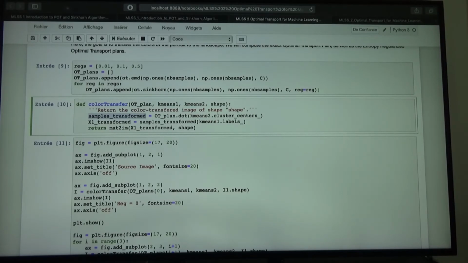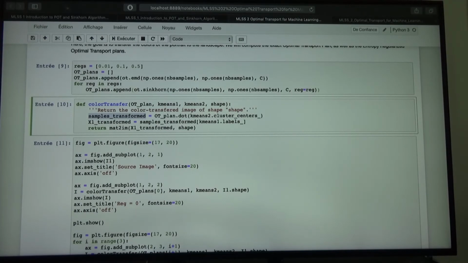I take the centroid of this particular cluster, I see where it is mapped to, and this gives me the transformation of my color. Okay? So for each pixel, I look at its cluster, and I now have a transformation for this centroid that is given to me by this samples transformed variable.